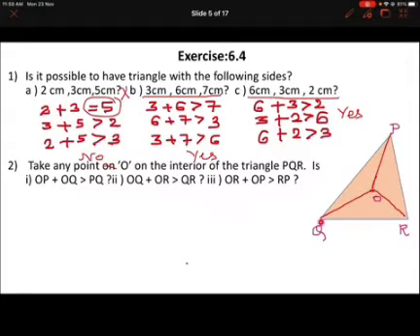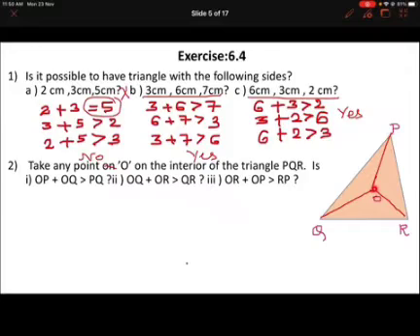Likewise, the next question is OQ. Is OQ plus OR greater than QR? Yes, because you can clearly see this is a triangle. Okay, so it is possible. The next one is OR plus OP is greater than PR or RP.